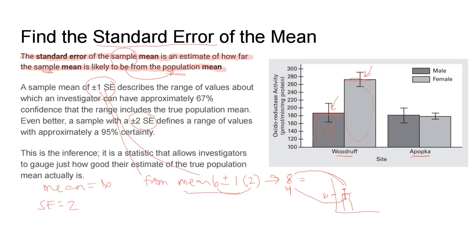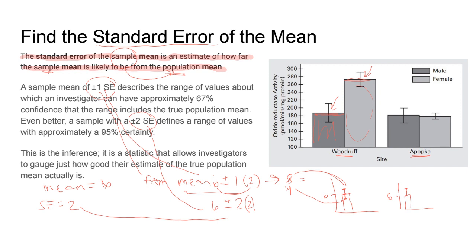So if it was plus or minus 2 SE, so now you have 6 is the mean, plus or minus 2 SE. Our SE is 2. So if I was going to graph that, so right now this is 1 SE, so I'm going to draw a new graph. If you're graphing 2 SE, there's our 6. There's our mean. From the mean, which is 6, you're going up 2 SE, which the first one would be 2 times 2 is 4.